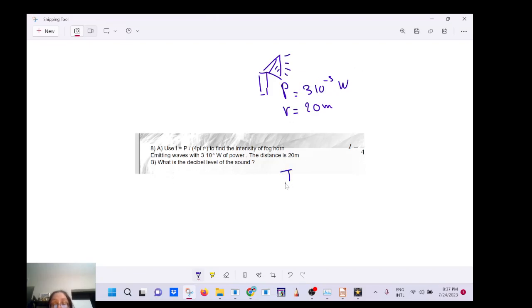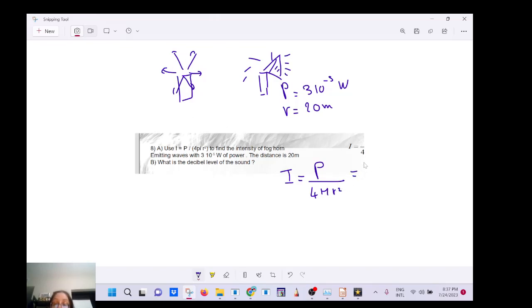So first we need to find the intensity, which is power divided by 4 pi r squared. It's an approximation because we suppose it's a special foghorn that produces sound in all directions, so we can use that equation here.